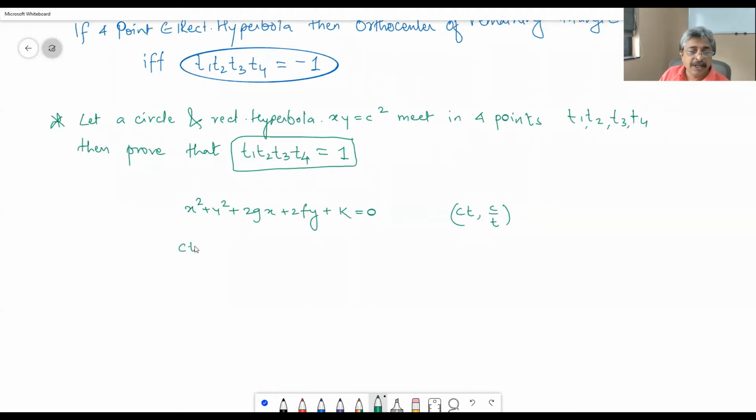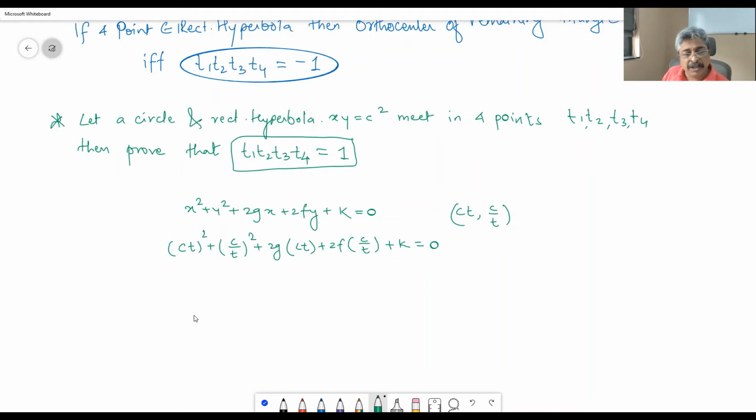Therefore, ct square plus c upon t square plus 2g ct plus 2f c upon t plus k is equal to 0. This is going to be a fourth degree equation in t, right?